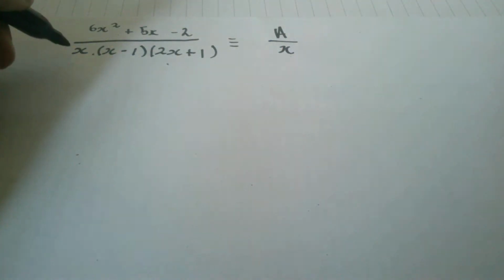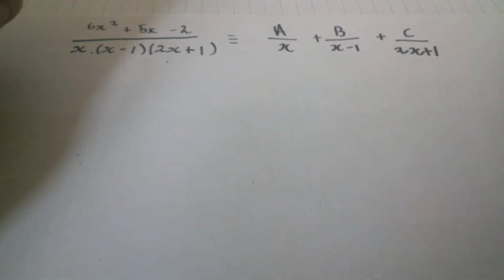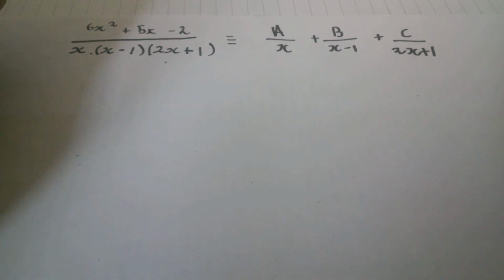So again, you set up the equivalence relationship with all the multiples. So the first multiple is x, the second multiple is x minus 1, third multiple is 2x plus 1. And then the idea is essentially the same.